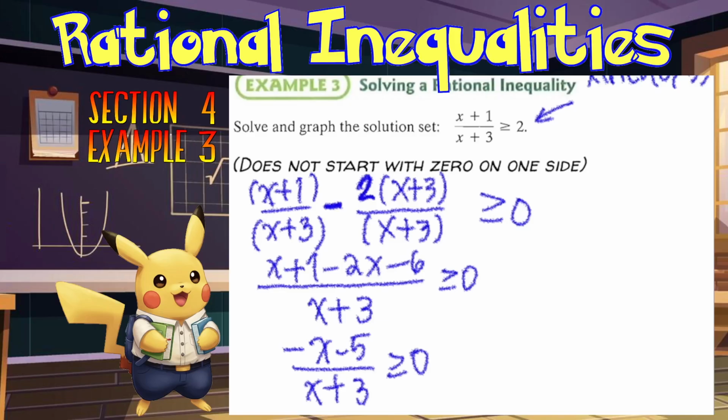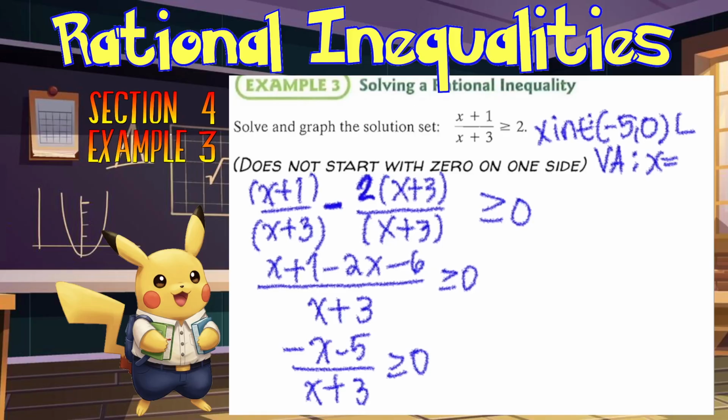It was a factor to the first power, so that'll be at negative 5, 0 with a linear local behavior. Vertical asymptote from my denominator, that's going to be at x equals negative 3, and that's also odd local behavior. Then my y-intercept, plugging in 0 for x, and I'll get 0 comma negative 5 thirds.